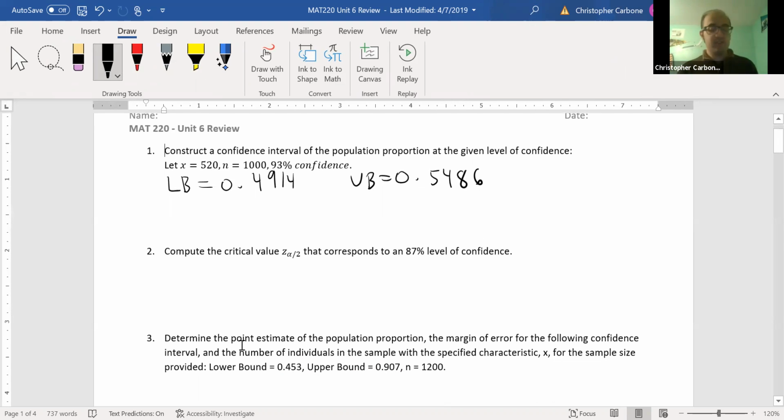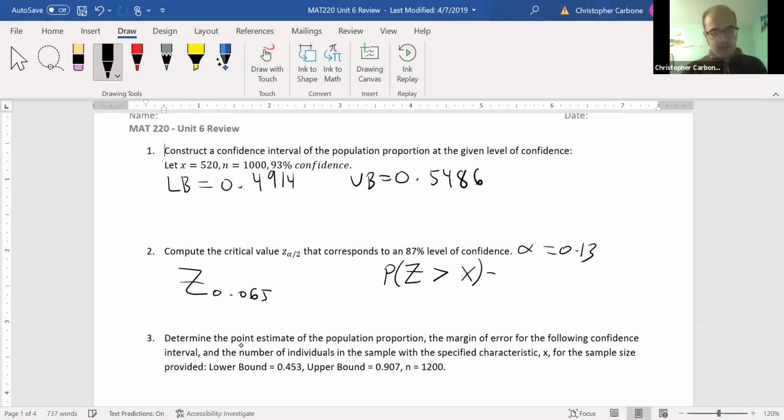Number 2, we want to compute the critical value z sub alpha over 2 that corresponds to an 87% level of confidence. Alpha here is 13%. So we are doing z sub 0.065, which corresponds to the probability we have a z-score greater than whatever this is equal to 0.065.